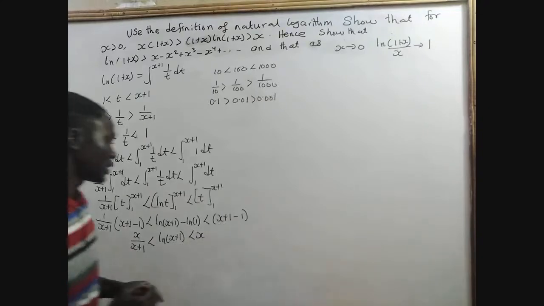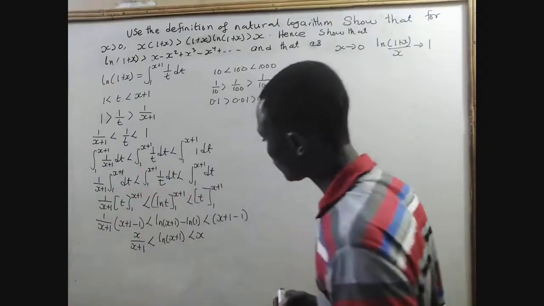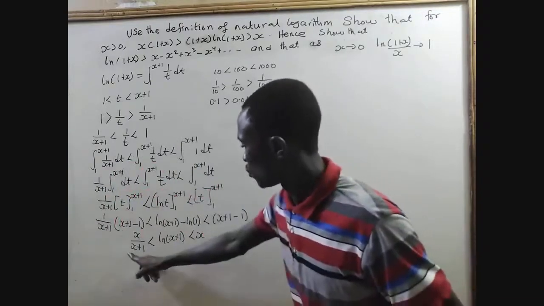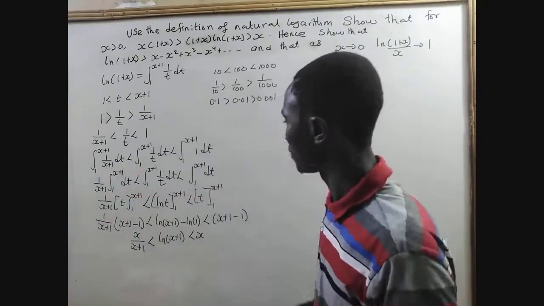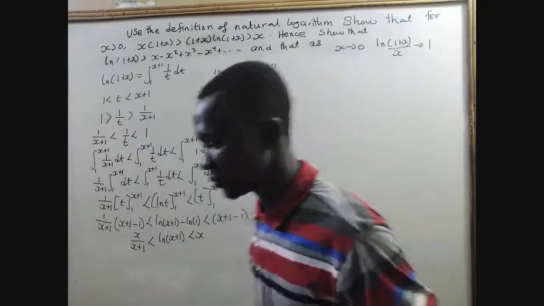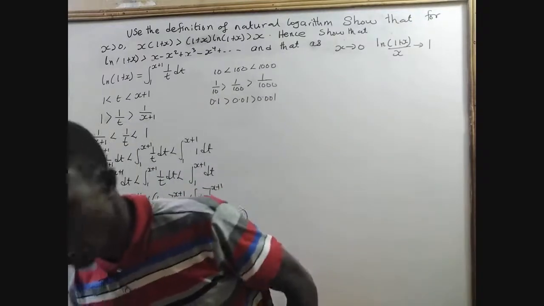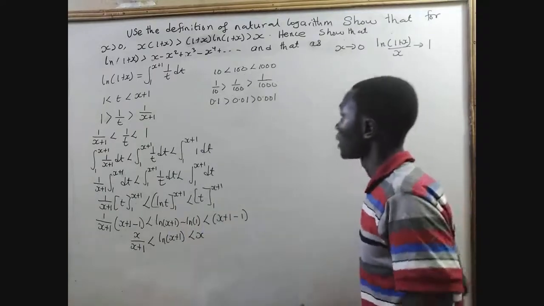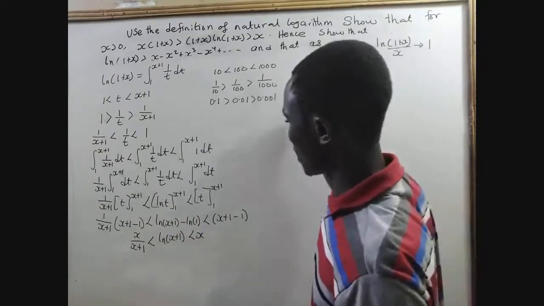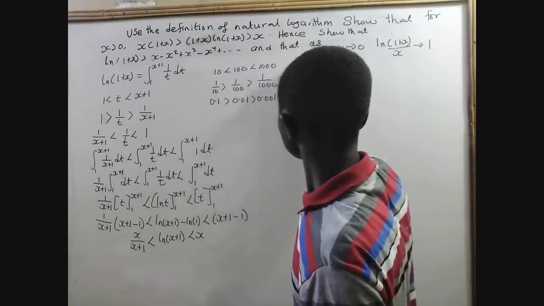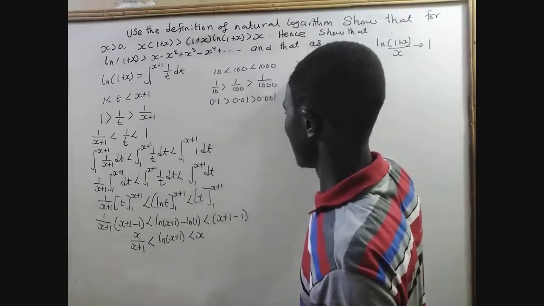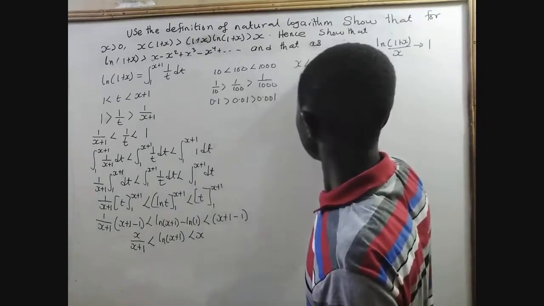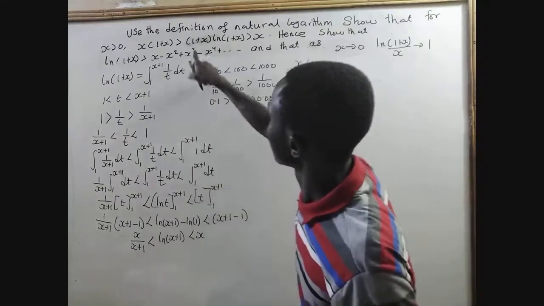Very simple as that. So now, let us multiply through by the denominator. We are going to have x less than x plus 1, or here is 1 plus x.